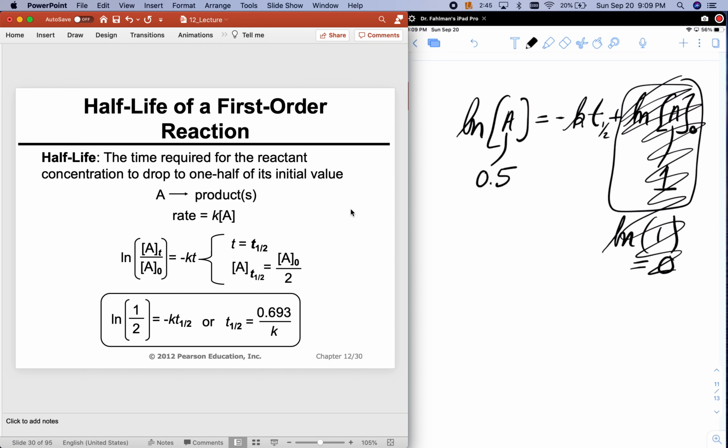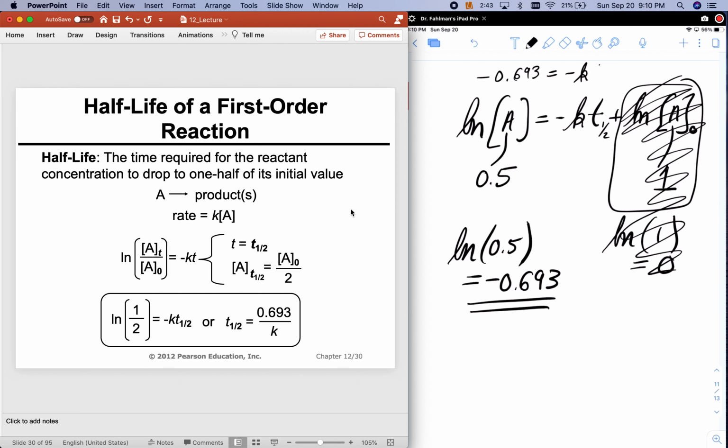So if you do the natural log of 0.5, the ln of 0.5 is equal to minus 0.693. In other words, minus 0.693 is equal to minus kt.